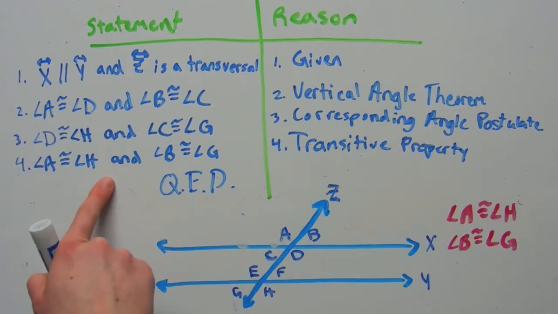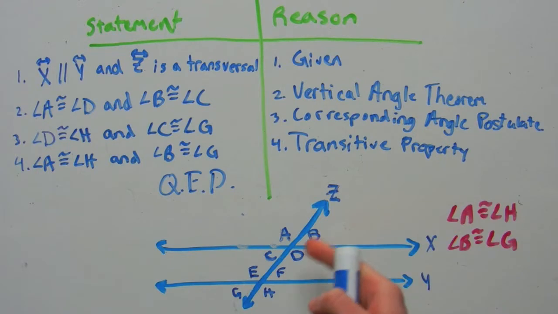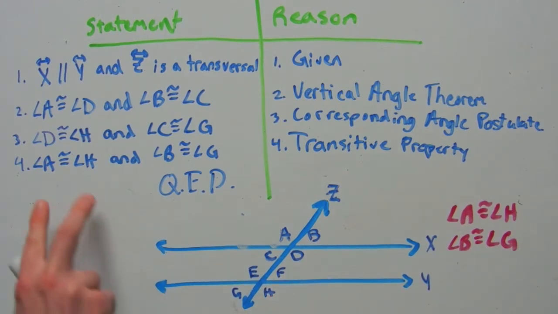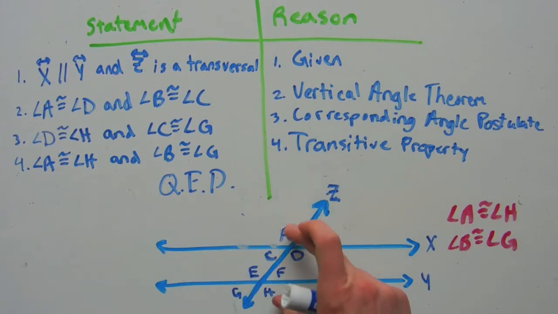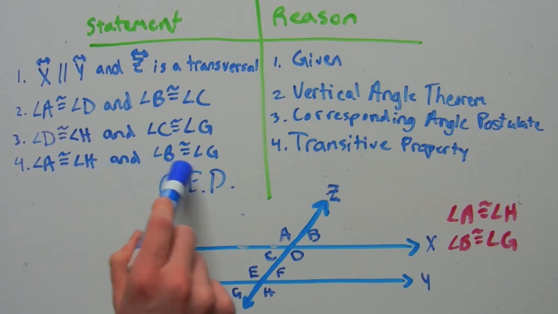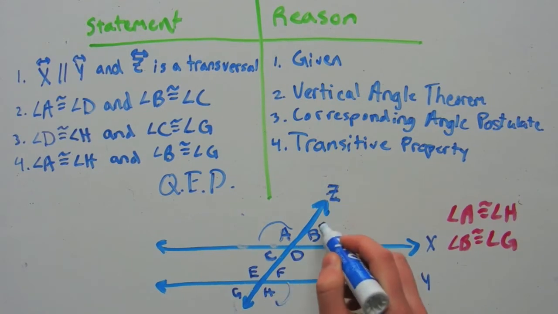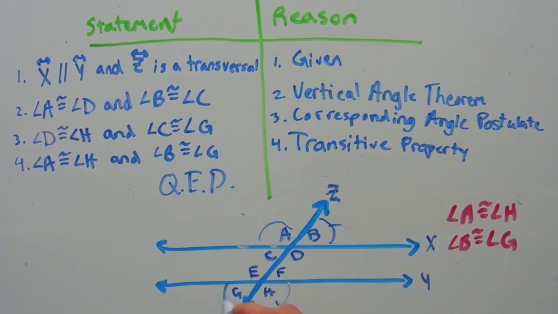And that's what we needed to prove, that if two parallel lines are intersected by a transversal, then each pair of alternate exterior angles is congruent. Angle A is congruent to angle H, and angle B is congruent to angle G. The alternate exterior angles.